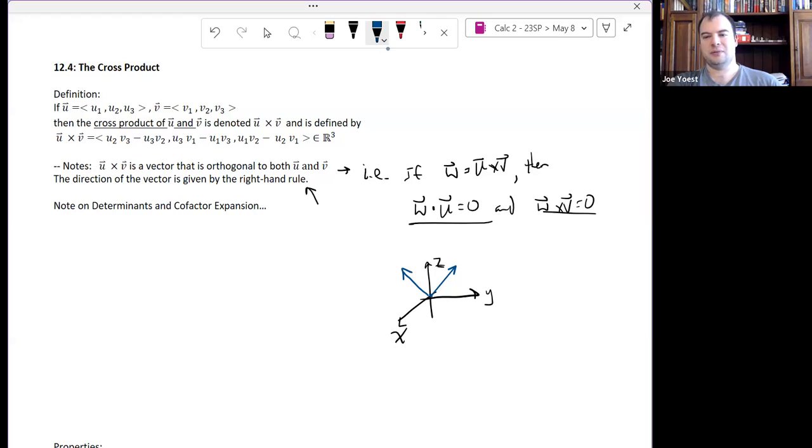Let's say this right-hand vector is kind of roughly in the YZ plane, and this left-hand vector maybe is kind of in the XZ plane, but pointing a little towards the negative direction of Y. Then the resultant vector is going to be orthogonal to those, but it could go this way or that way and still be orthogonal, right? It could be perpendicular to both vectors, but kind of in either direction. So we need to resolve which direction does it go.